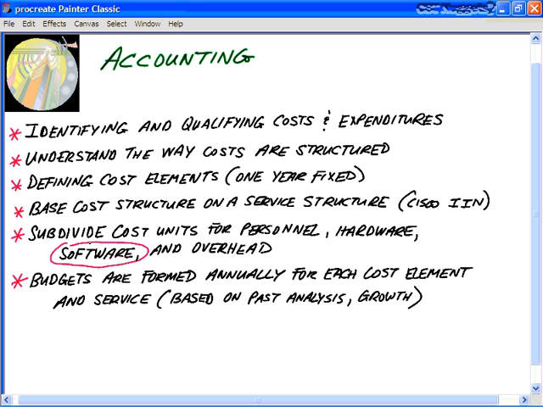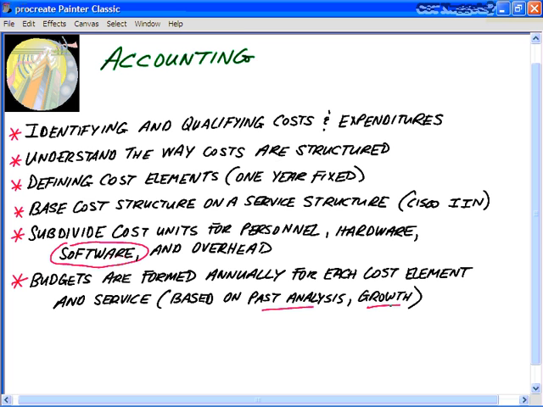And then your budgets are going to be based on this cost information. It's going to be done probably annually for each cost element and each service. And again, you may initially do a zero-based system, but then you're going to, on a more regular basis, base these budgets on past analysis and growth trends.